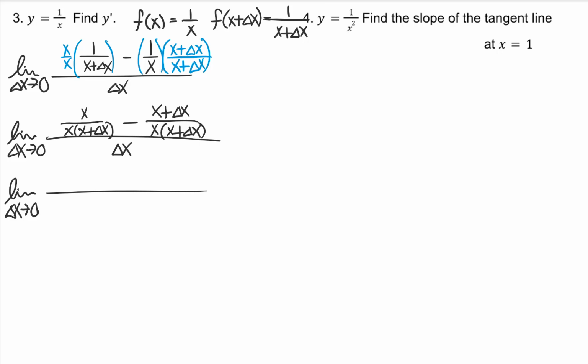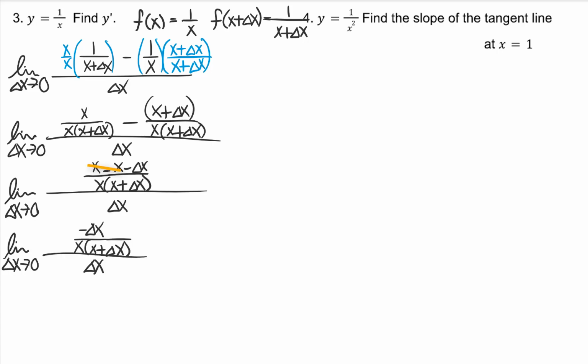We have common denominators on the top two fractions, so we can combine them. This negative sign distributes to both pieces of this numerator, so minus x minus delta x, all over x times x plus delta x, all over delta x. When you're dividing a fraction by delta x, you're just multiplying that fraction by 1 over delta x.